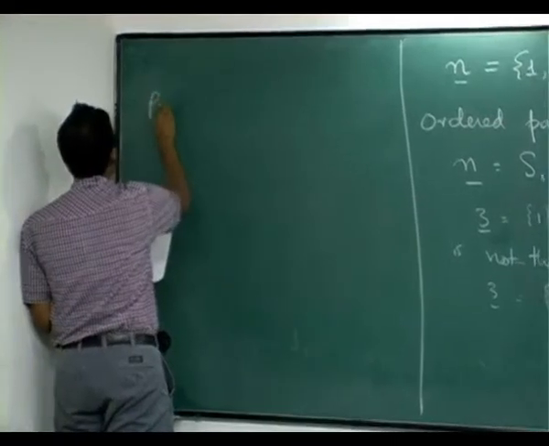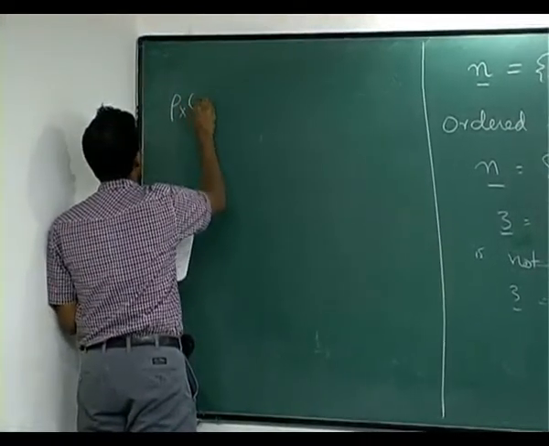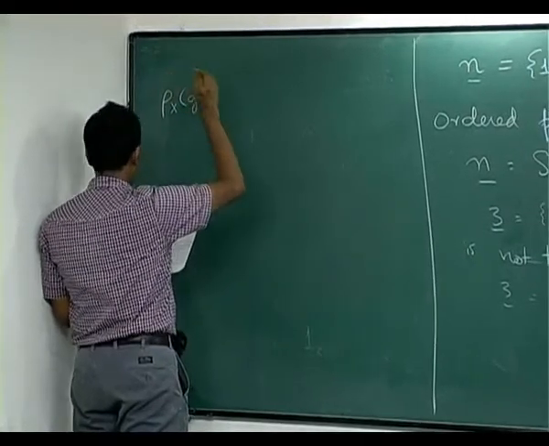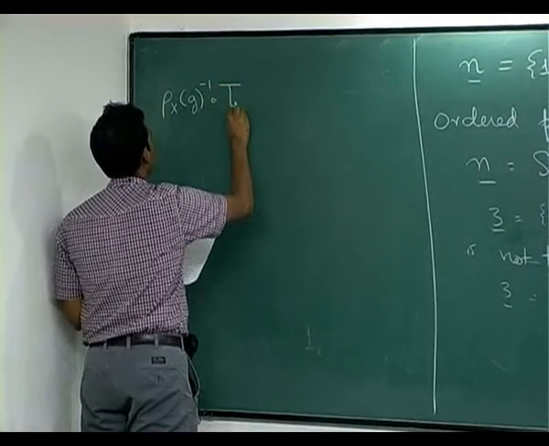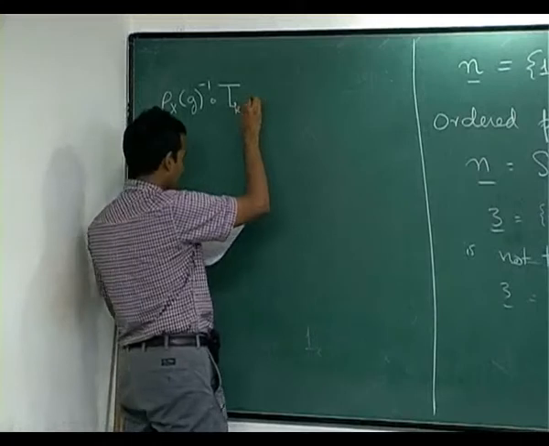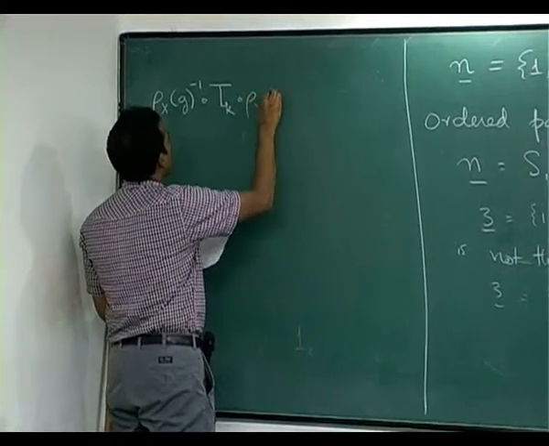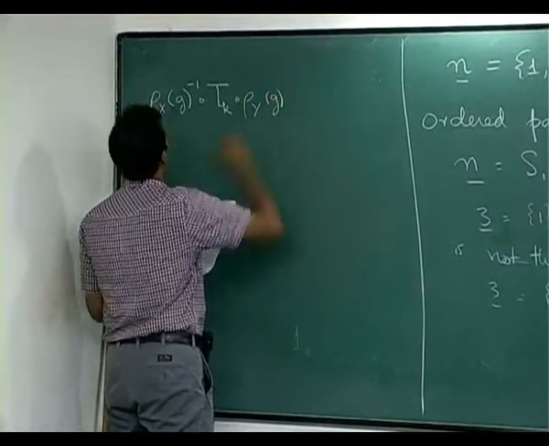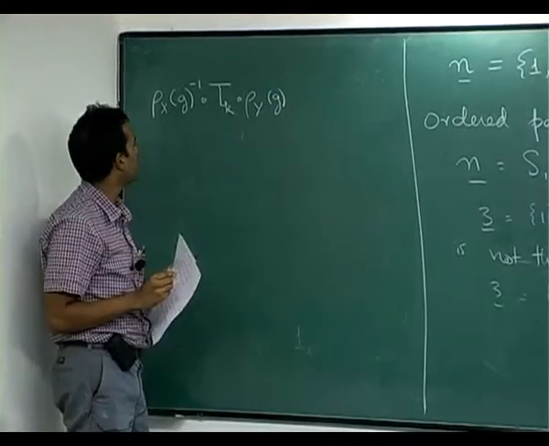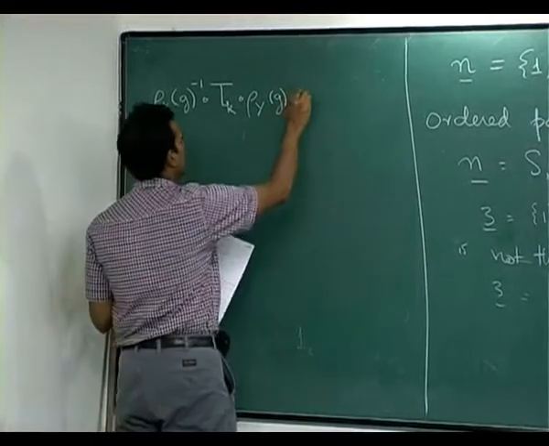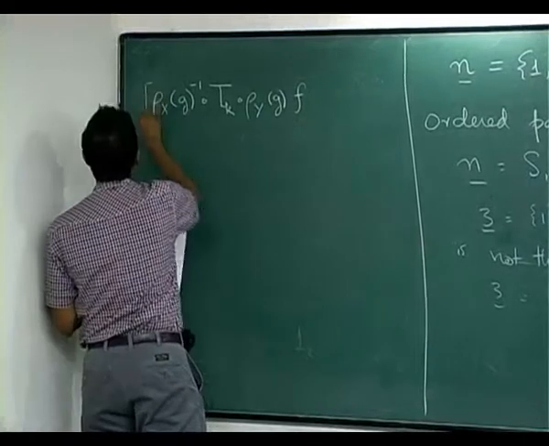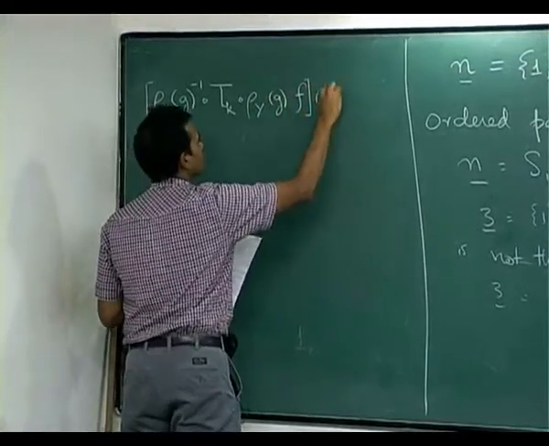So we need to calculate this thing. If you don't mind, I'll bring the inverse to the other side, just so the answer ends up being a little nice. So just by replacing g by g inverse in the previous equation, I can get this. So this is an operator on K(Y). I'll feed it a function of y, and then it will do something and we'll get a function of x.